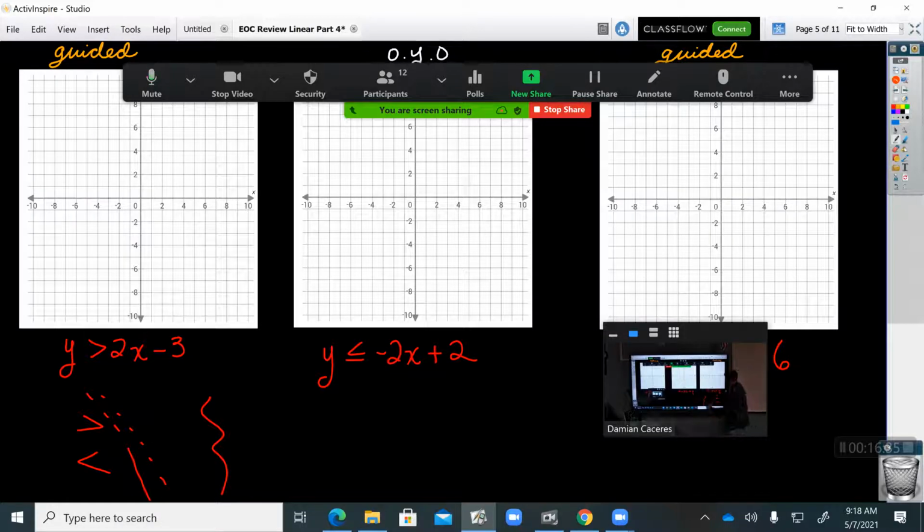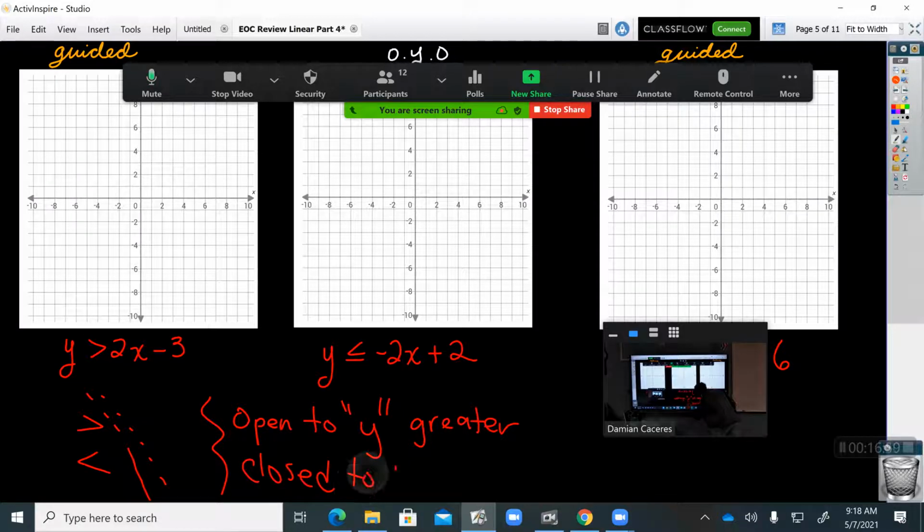And the next thing you have to consider, this is super important. Most people don't know how to read inequalities. Okay? Open to the y means greater than. Closed to the y means less than. So you have to look at how it faces the y, not how it faces the x. You understand? The letter you're getting by itself is y here, right?